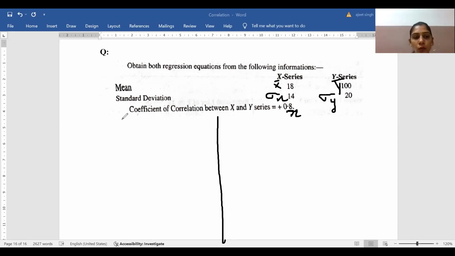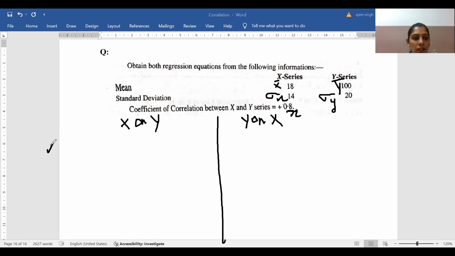The equation of x on y, and the equation of y on x. Understood? Now let me first write down both the equations here.